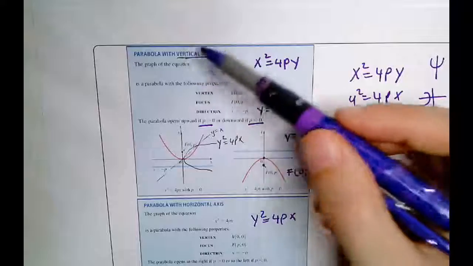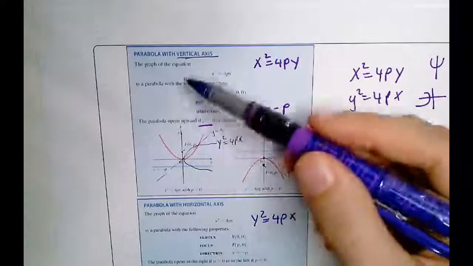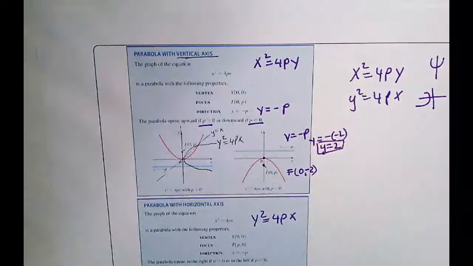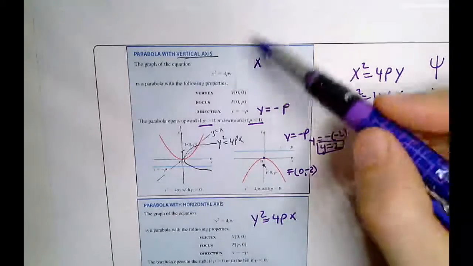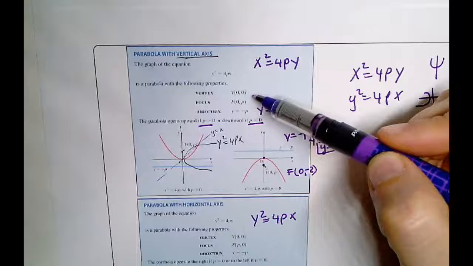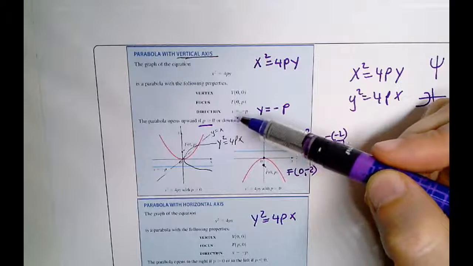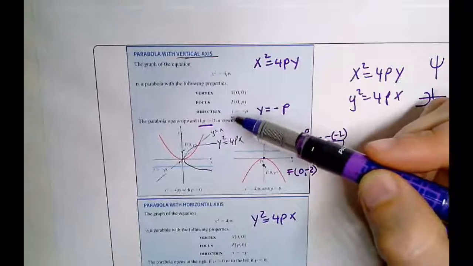Because this is the formula when the parabola has a vertical axis of symmetry. According to this, the vertex is (0, 0), the focus is (0, p), and the directrix is the horizontal line y equals negative p.